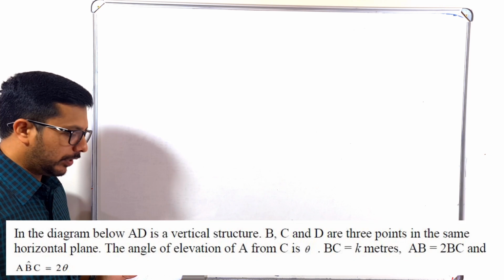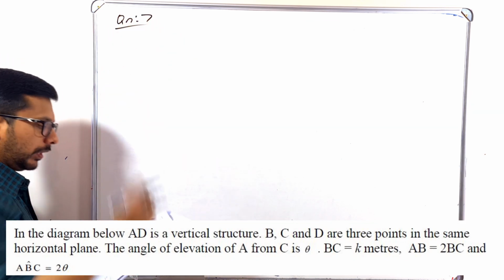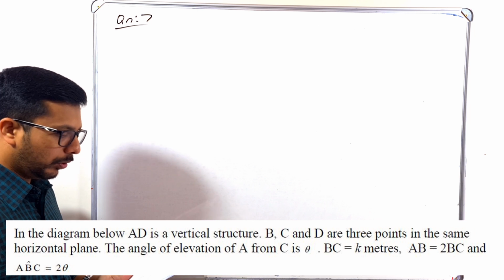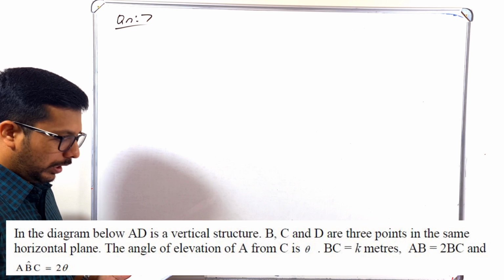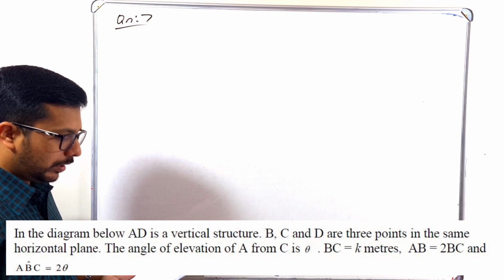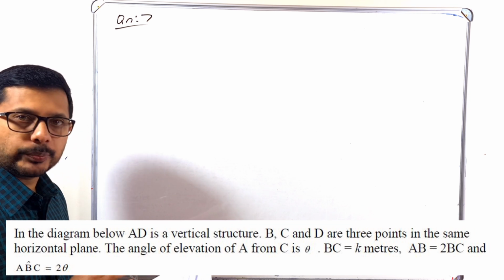Okay, question number 7. What is that question? In the diagram below, AD is a vertical structure. B, C, D are 3 points in the same horizontal plane. The angle of elevation of AC is theta, BC is equal to K. Okay, so first let me draw that one.